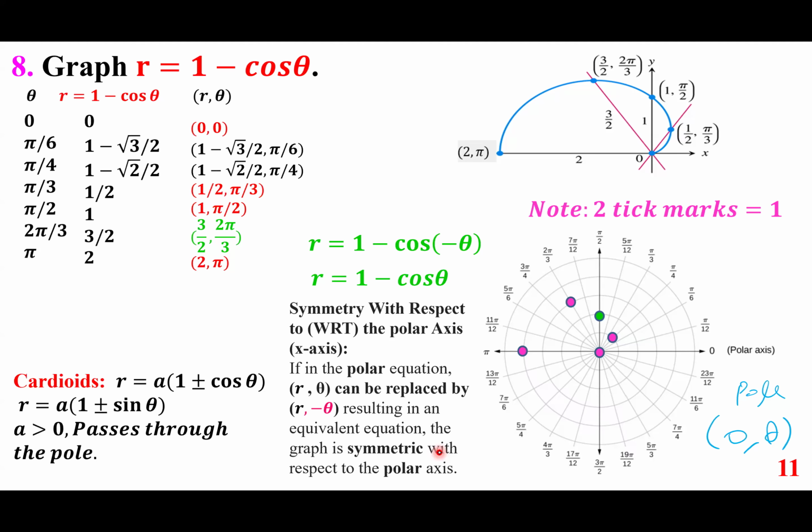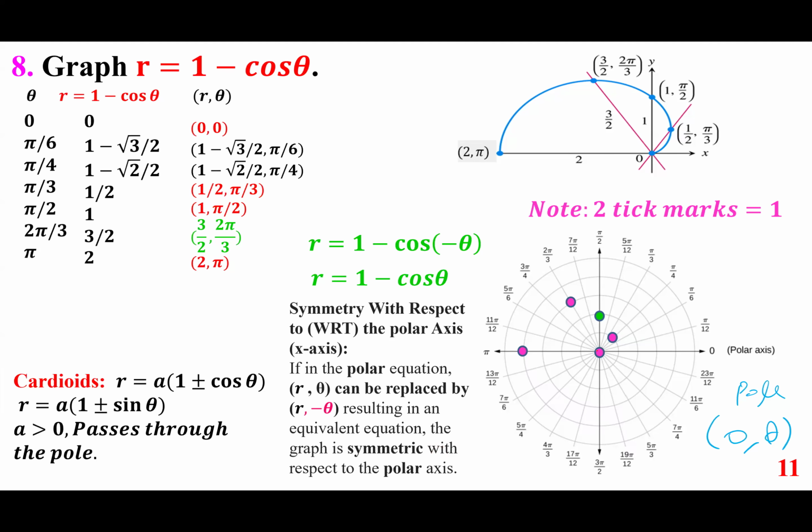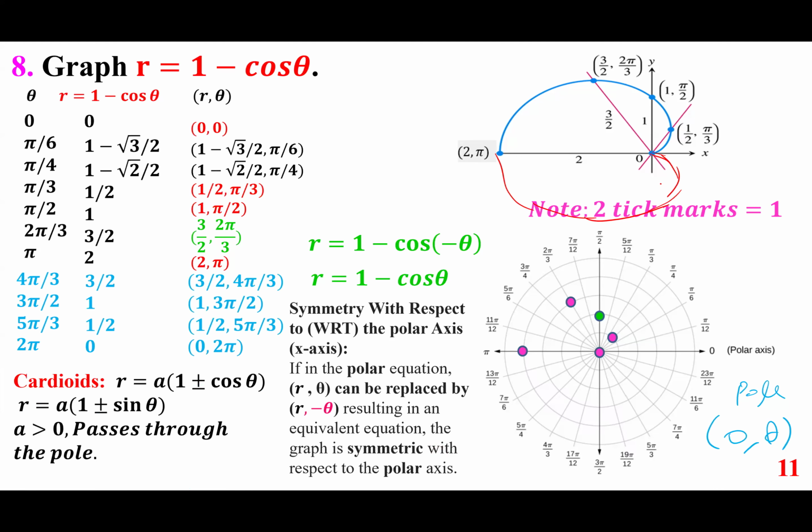So just for the sake of argument, you can see right here, if I graph this by symmetry, I should have that. Now you can also evaluate them. I'm going to leave them for you to show. Those are easy. 4 pi over 3.